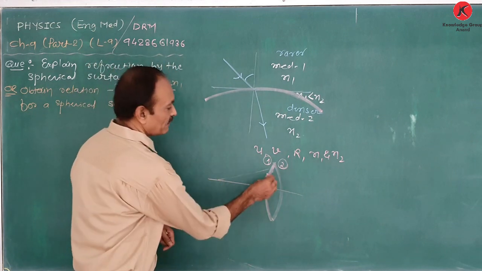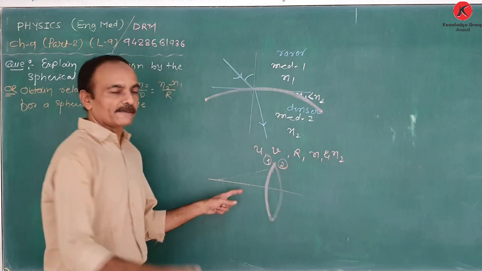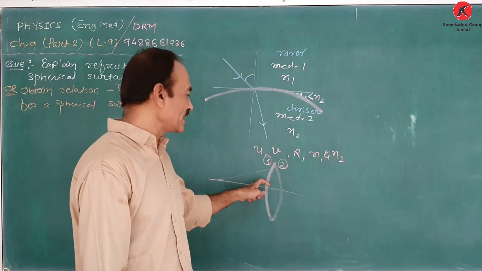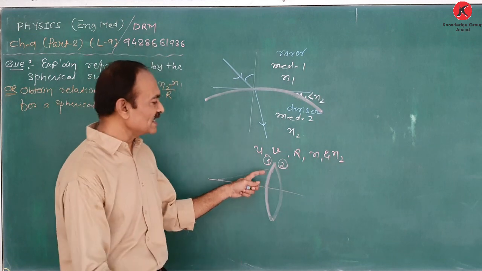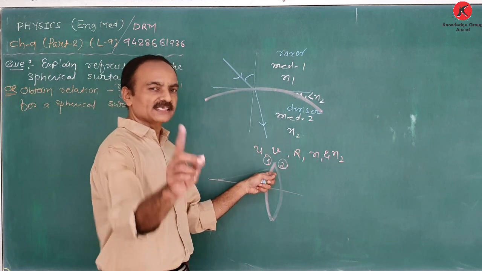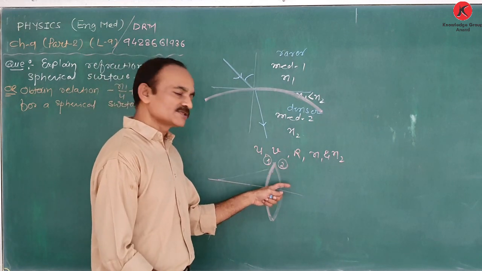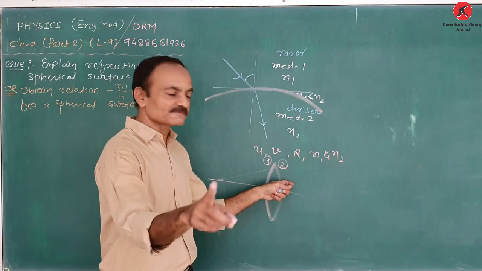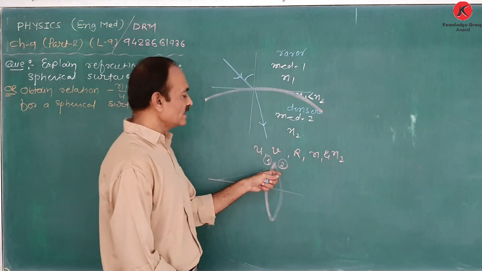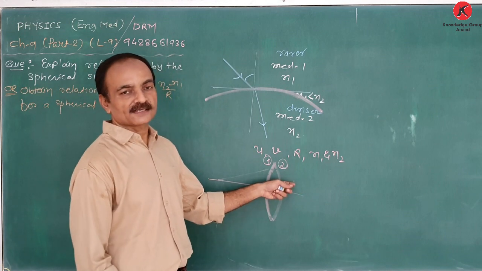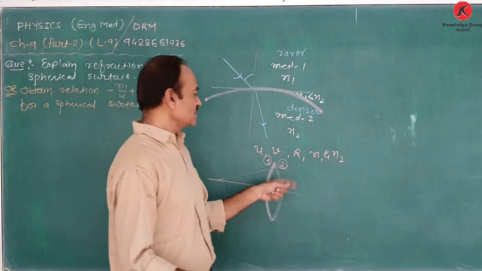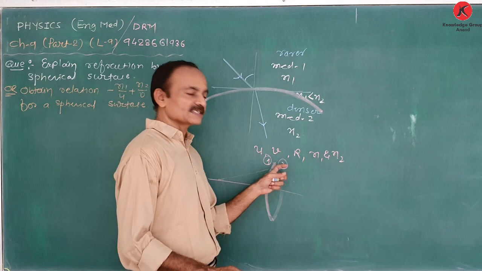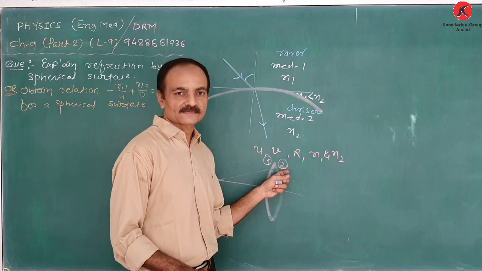For that purpose, first we discuss refraction by one spherical curved surface. The image formed by the first surface acts as a virtual object for the second spherical curved surface, and the final image is formed after refraction twice, once by the first surface and second by the other surface.